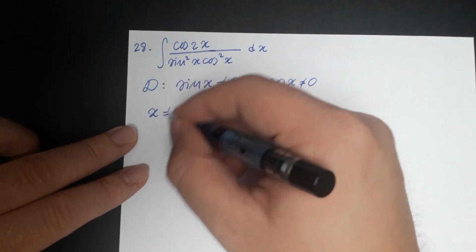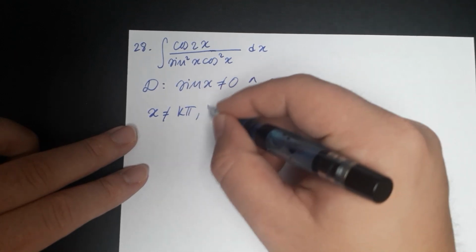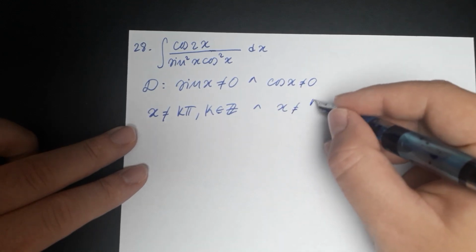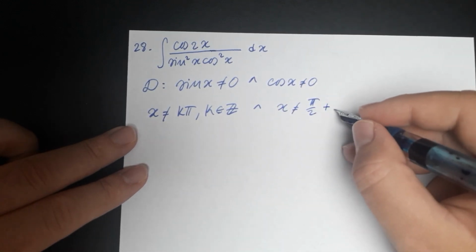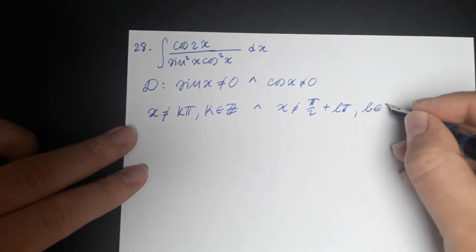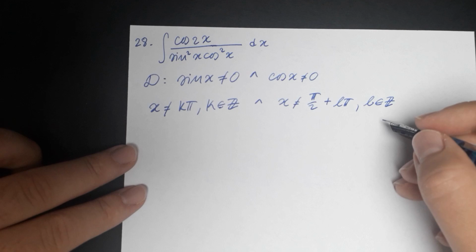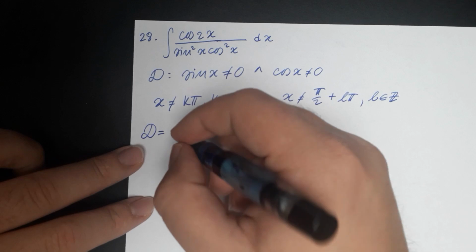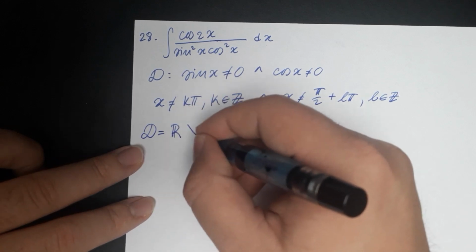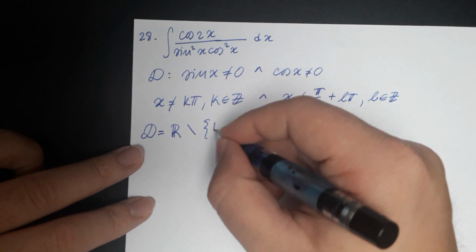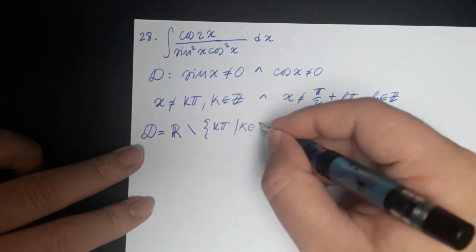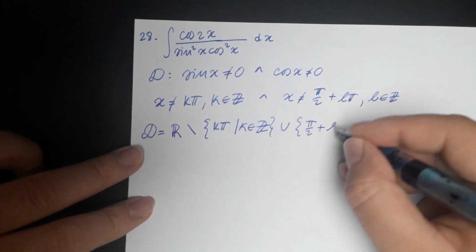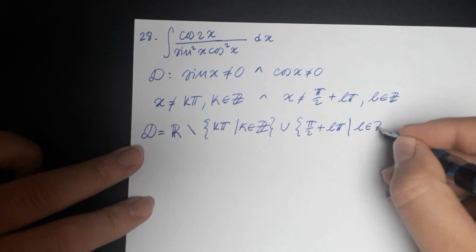Well, then x has to be different than kπ, where k is an integer, and x has to be different from π/2 plus lπ, where l is an integer. Well, that would make our area in which this integral is defined the set of all real numbers without the set of kπ, where k are integers, and without the set π/2 plus lπ, where l are integers.